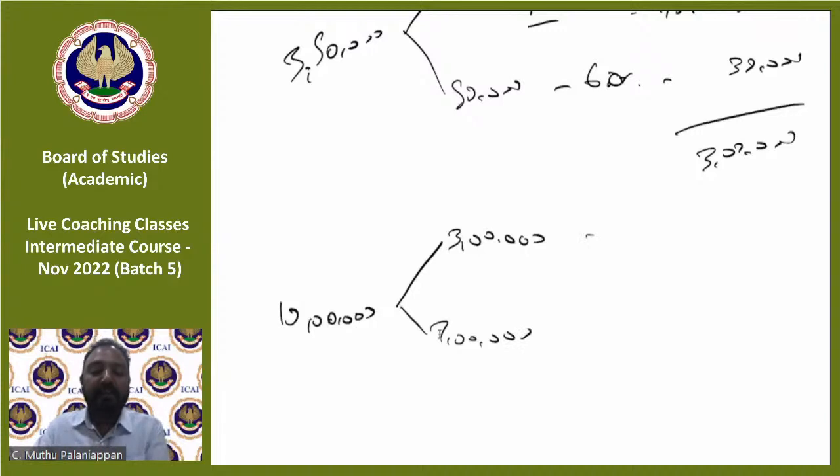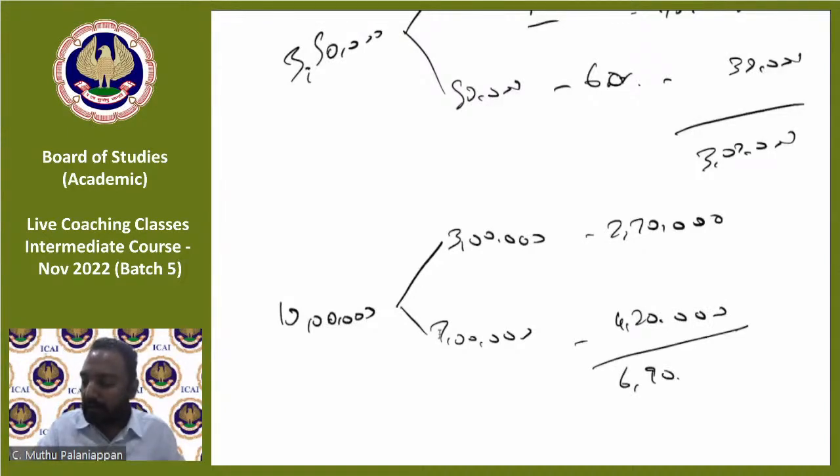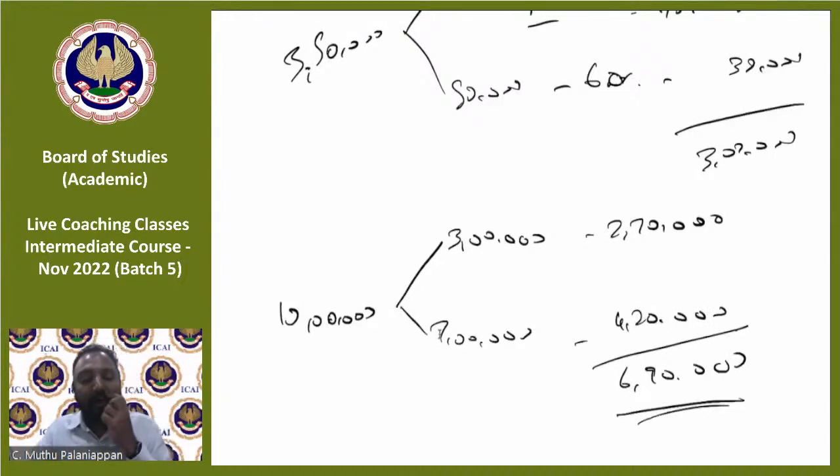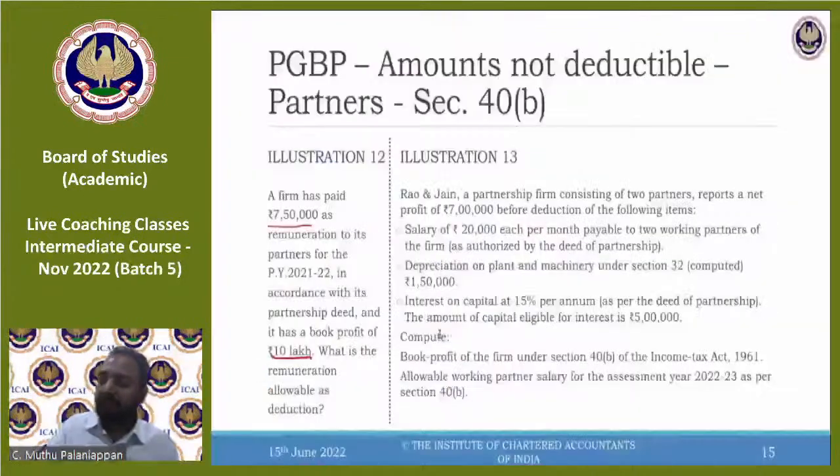For the first 3 lakh, 90% or 1,50,000, so of course you have 2,70,000. For the 7 lakh, 60%, that is 4,20,000. So what will be allowed is 6,90,000. Out of 7.5 lakhs, what will be allowed as partnership remuneration is only 6.9 lakhs.